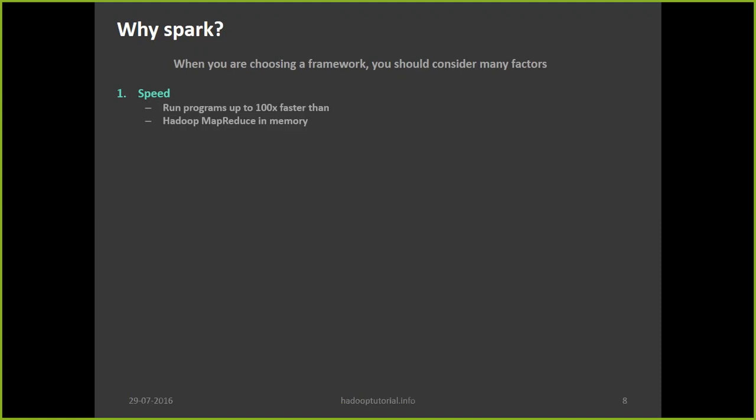It may not be up to 100 times in your real-time clusters. This is the same as when motorcycle manufacturers say their bikes give you 100 kmpl, but in reality it might give around 60 or 70, right?